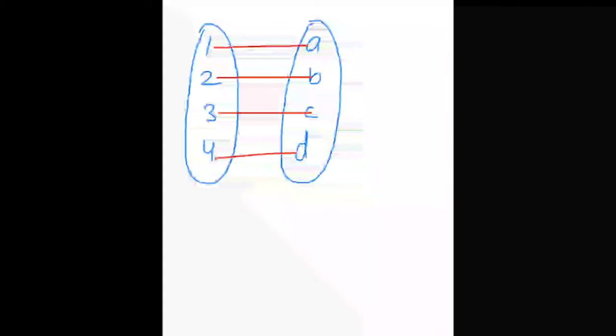We are able to see nothing is free in this range set, image set. That indicates it is onto also.